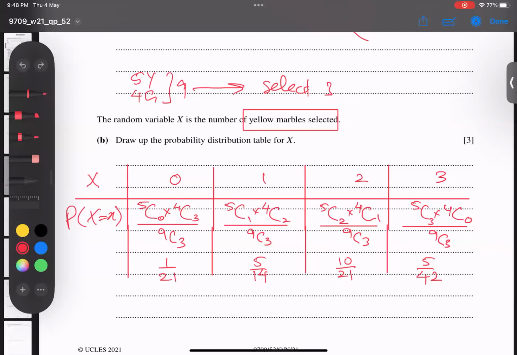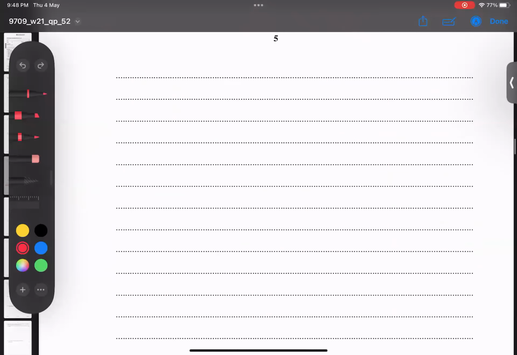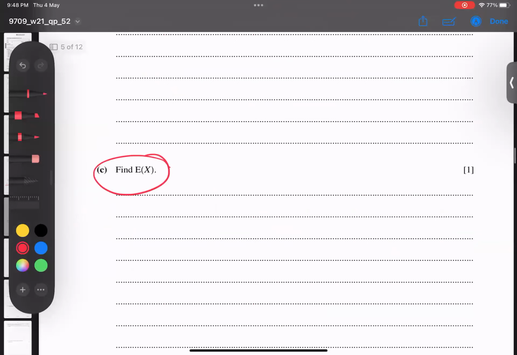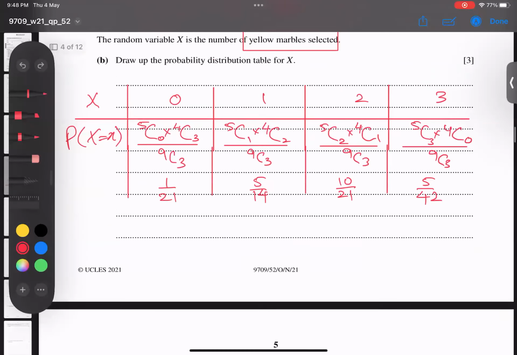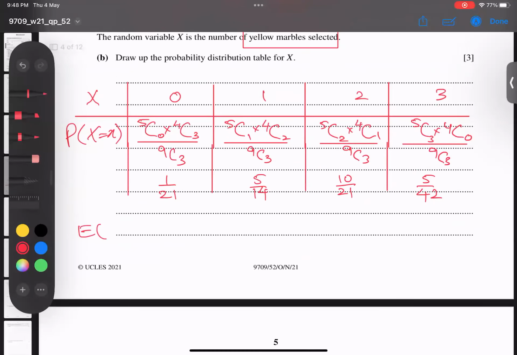So the final part is asking what here? The next part is asking for the mean, E of x, called mean. So I need to find it here, saving my time and space. So you know what mean is, students? This and this multiply. So this into this multiply. And 2 times 2, 10 over 21.